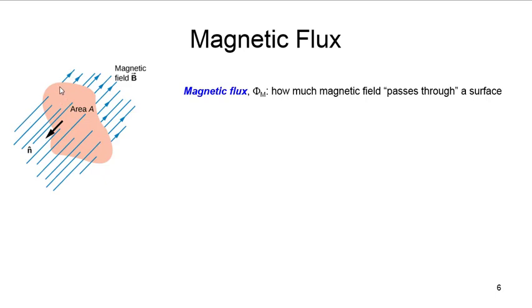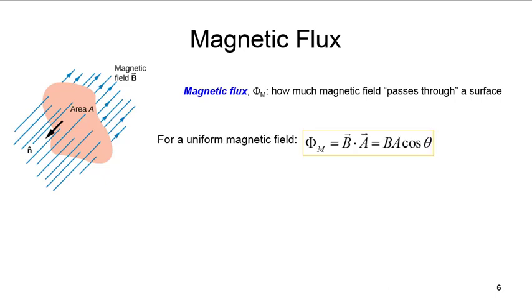So if I have a magnetic field directed up like this, and I have a surface that has a certain area, I want to know how much magnetic field passes through that surface. It's going to depend on how strong the magnetic field is, how big the area is, and how the area is oriented with respect to the magnetic field.